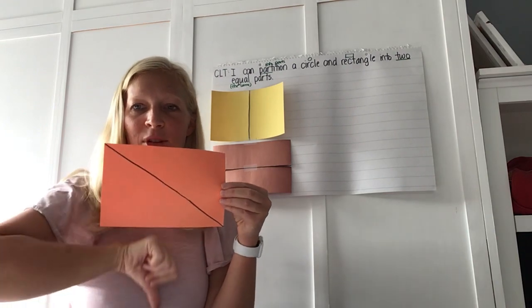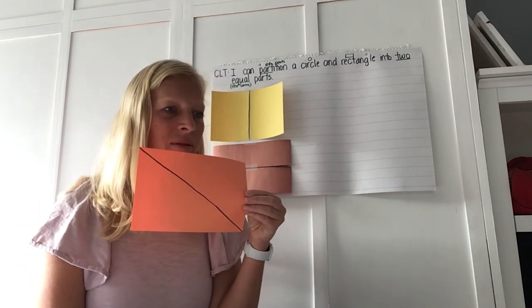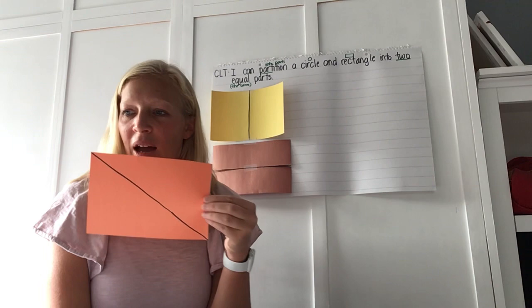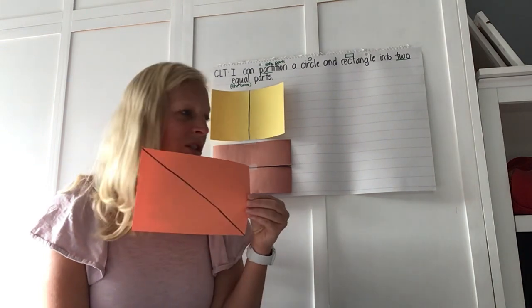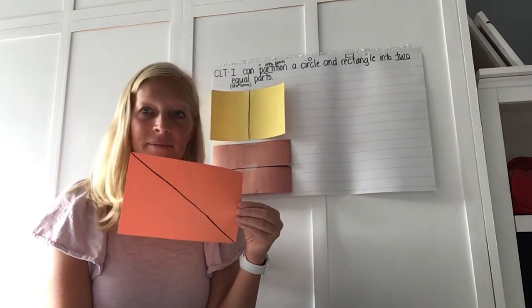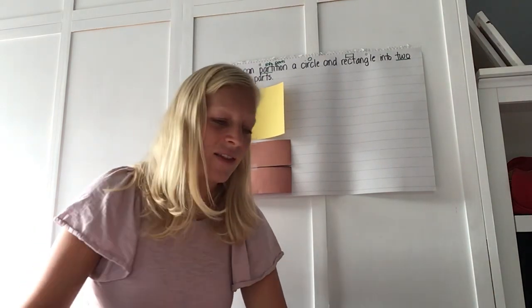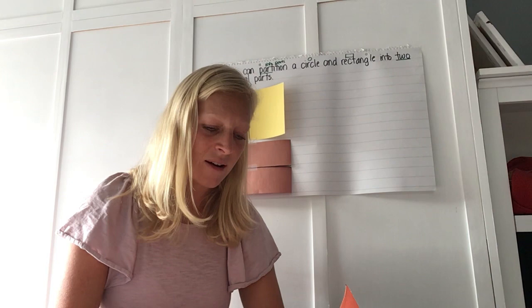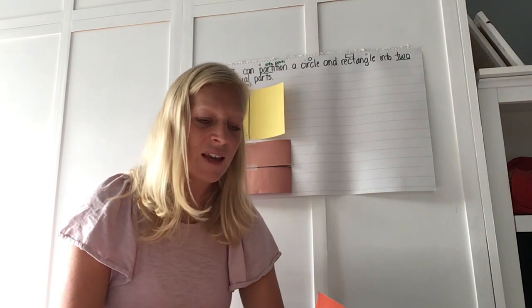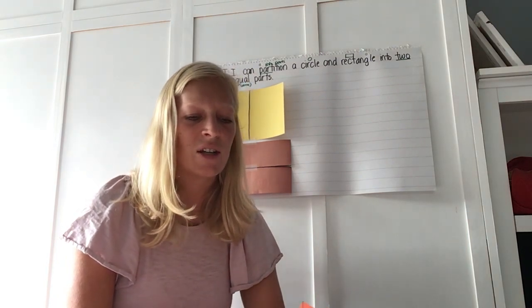If you think it's not, put your thumb down in front of your tummy. How can we prove whether it's two equal parts or not? We can cut it. Let's take a peek. Let's cut on this line and see if it matches up.